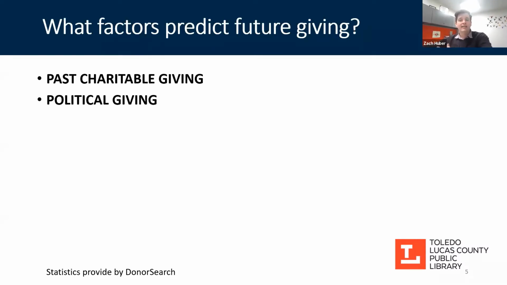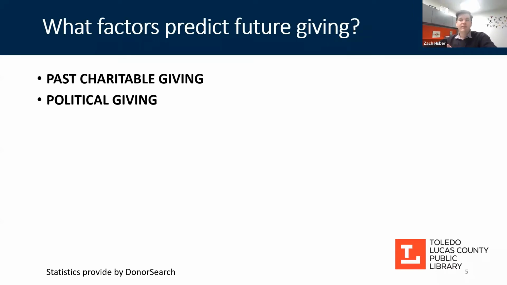But why is a political donation so predictively powerful? There's two answers to that. The size of a prospect's past political gift can clue you in to the giving capacity of a particular candidate. And by candidate, I mean the individual, not the candidate they're giving to. And then anyone who gives a political donation is clearly open to the idea of making a donation to a cause that they feel passionate about.